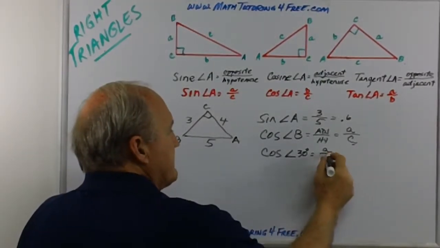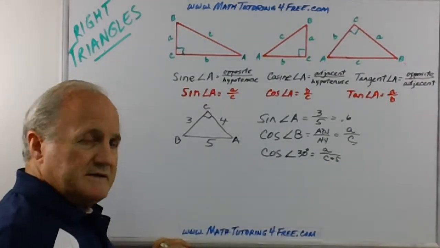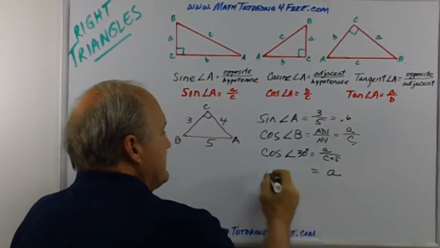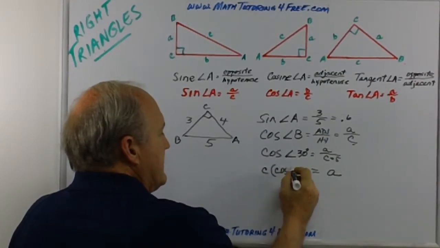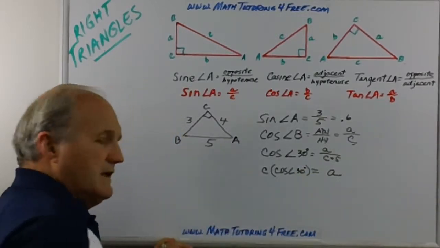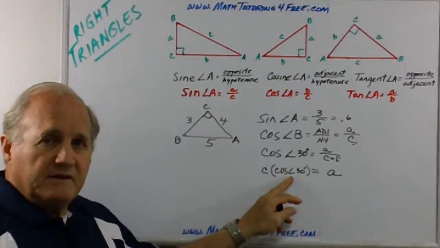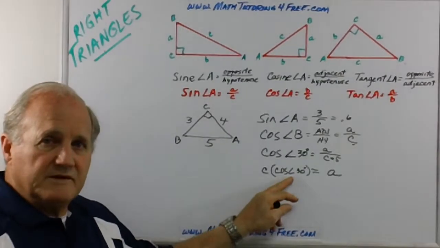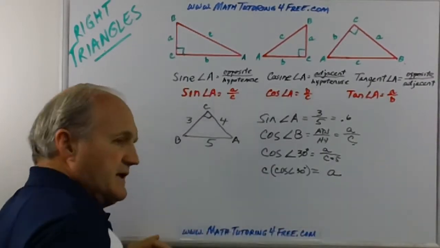We have to multiply both sides by c in order to get a by itself. So another way to write this is a equals c times the cosine of the angle, which in this case is 30 degrees. With the calculator, we put in cosine of 30 degrees, it will come back with a decimal value, and we multiply that by c, and that will give us a.